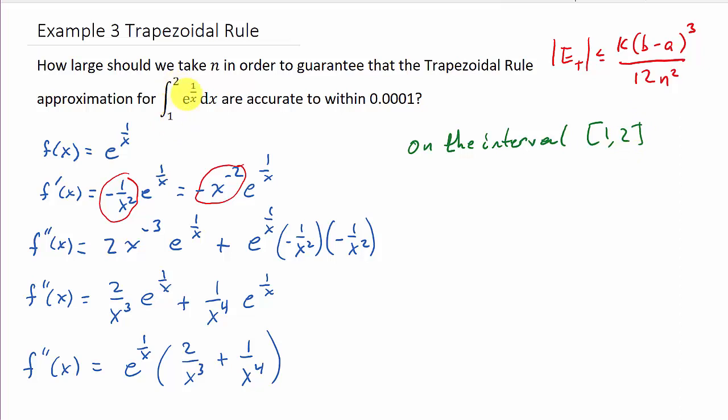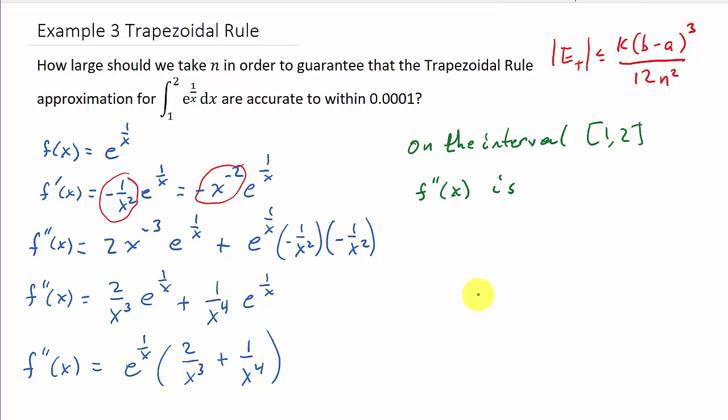All right. So what do we notice about f double prime of x is doing what? All right. So let's look at going on x values from 1 to 2. So one thing that I notice is the x values, okay?